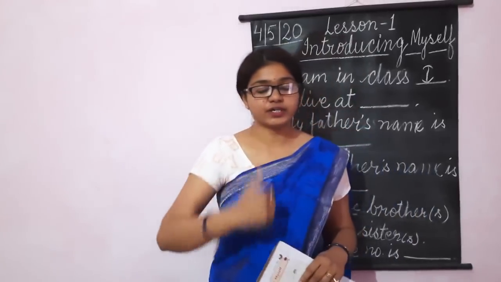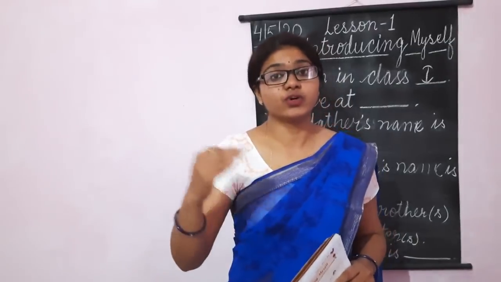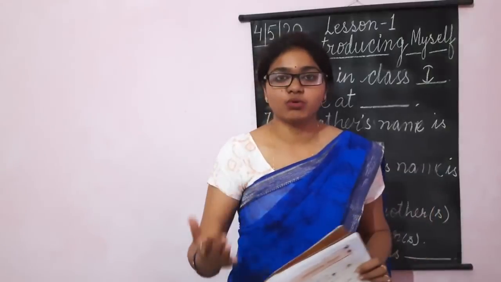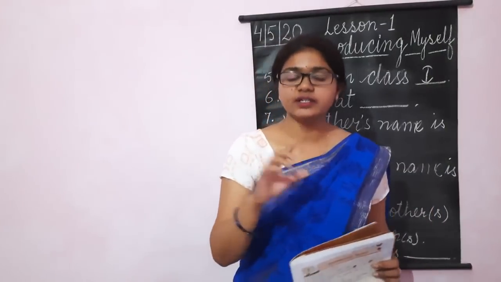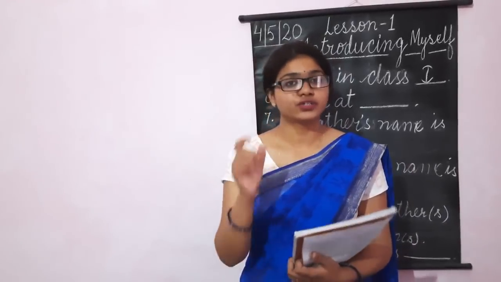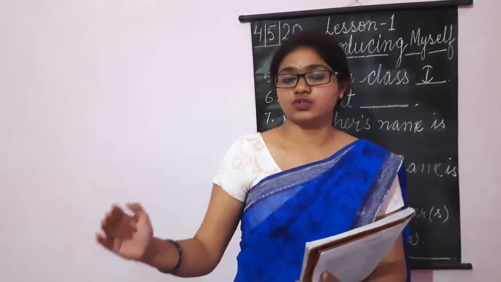Suppose you're standing in front of me and I say, give your introduction. Then what will you say to me? So the first line, I'm a boy or girl. Then my birthday falls on, you should say the birthday date. My birthday falls on 27th of July.